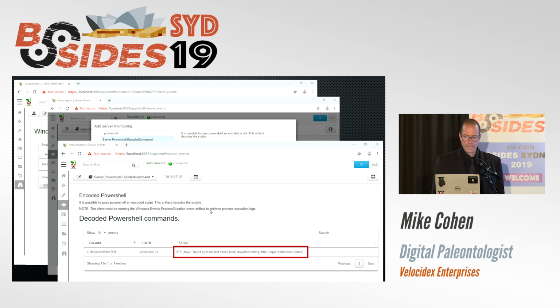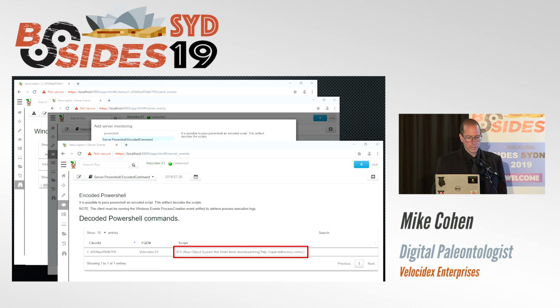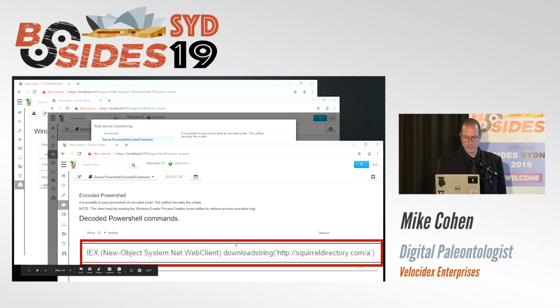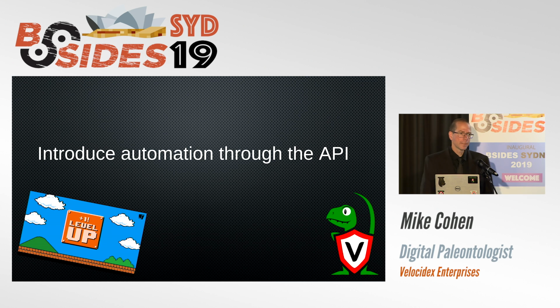And it actually creates another artifact, another table with just the decoded scripts, right? So you can see when something is bad straight away here, right? So this is a typical download cradle from Metasploit or whatever. Okay, so that's cool. Now the last topic I wanted to mention is Velociraptor's automation possibilities.